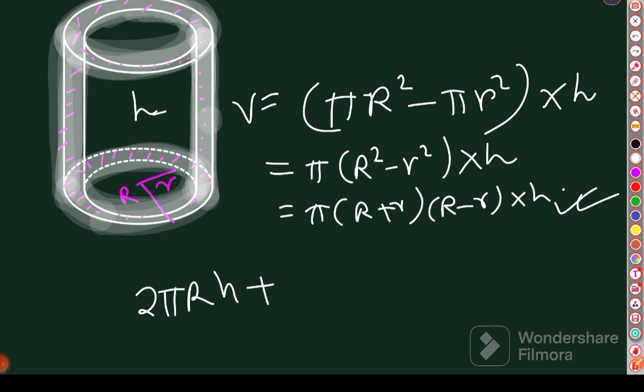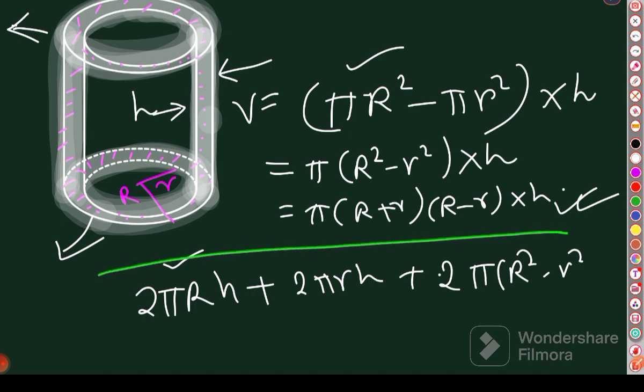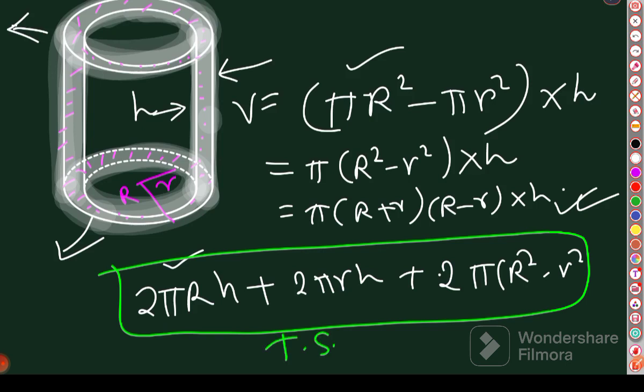Another will be for the inner wall, 2 pi small r h, plus this ring, which is the bottom and the upper, 2 times, so 2 into pi common, R square minus small r square. This is the total surface area of the hollow cylinder.